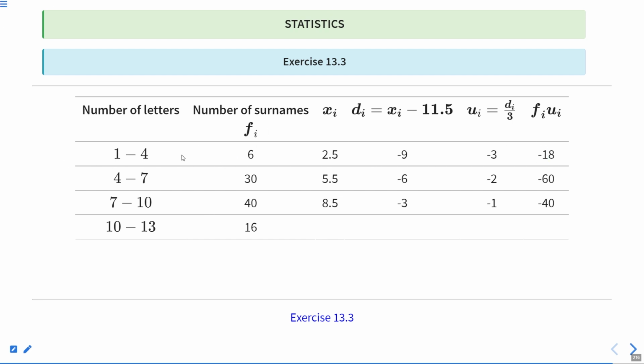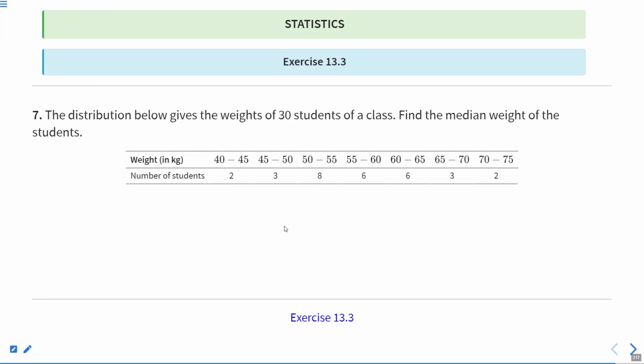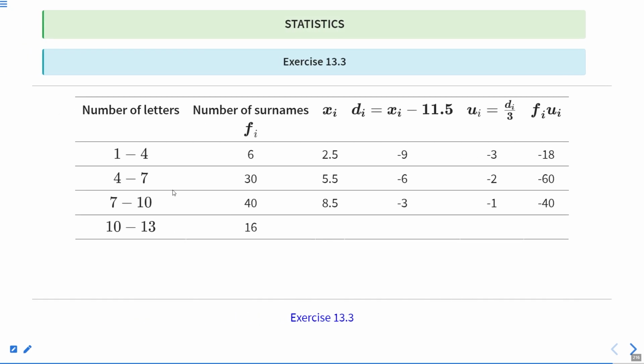Okay, the values for this class, and for this class, you can also find the values. In a similar manner you can find all these values, and then if we use this formula, x bar (the mean) is equal to A plus summation fi ui divided by summation fi, times h.